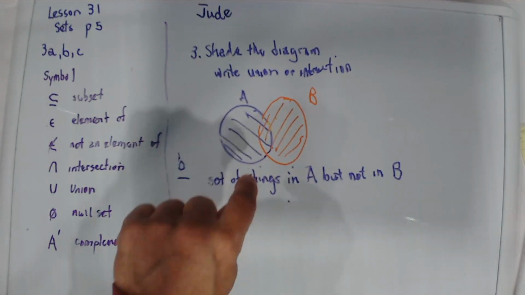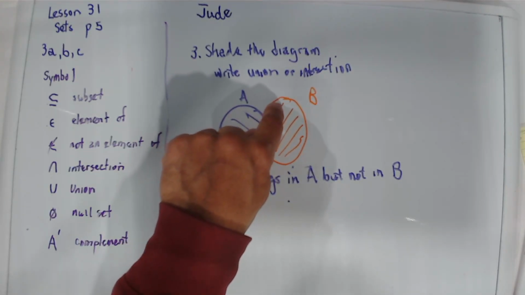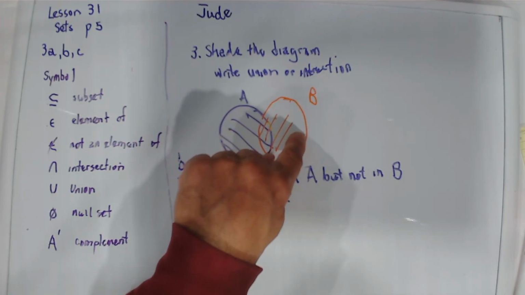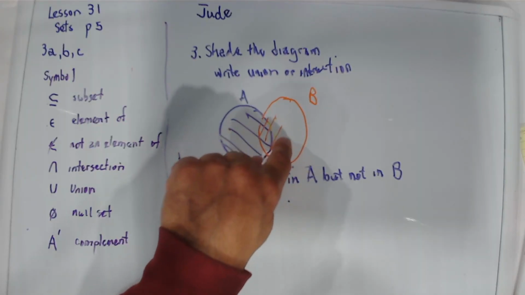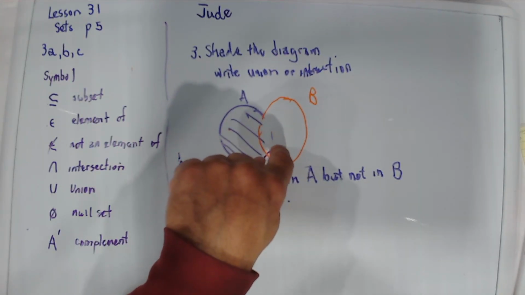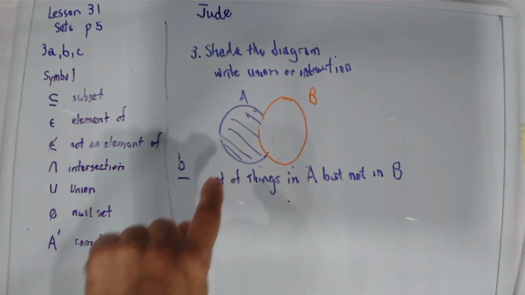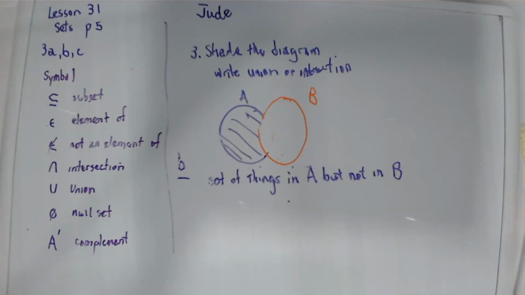So we're going to erase the things that we don't want. I'm going to erase all things in B. So what we want is everything in that purple, in this area right here.